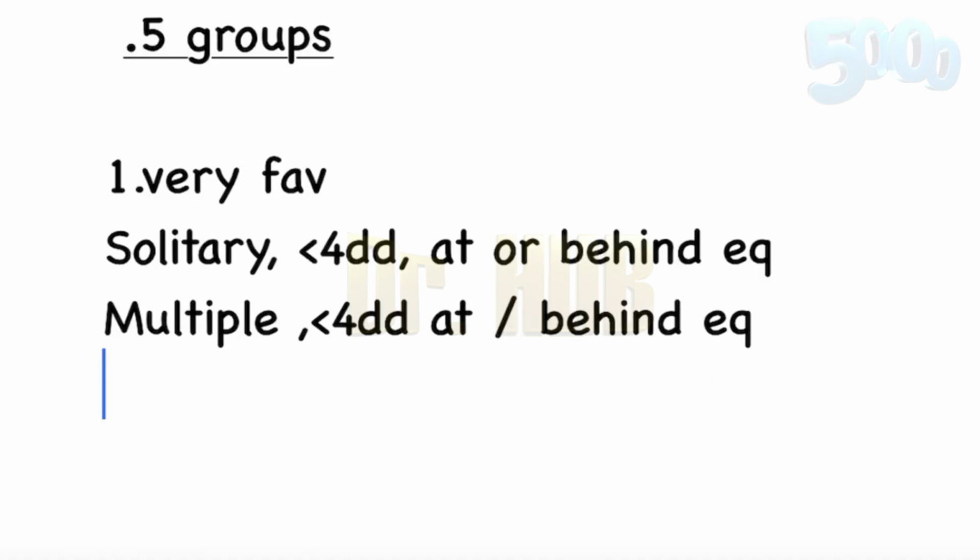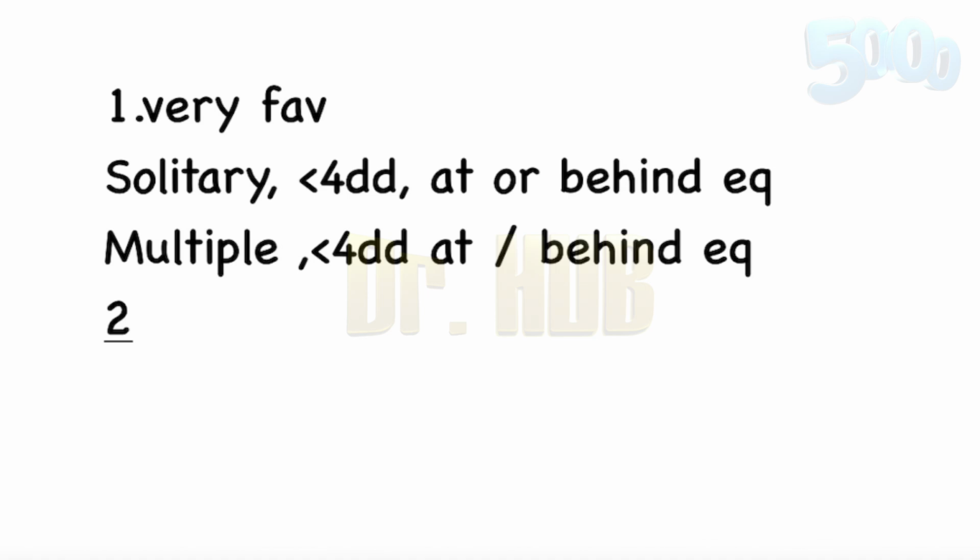Next we move on to the second type. Under the second variety, what are the features? The second variety means it is favorable.